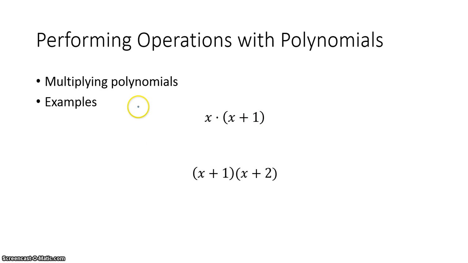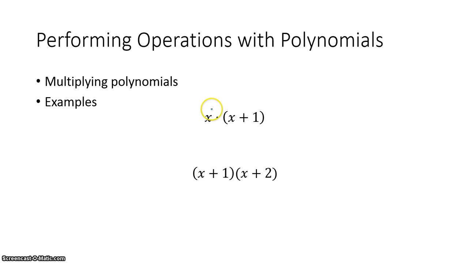Next up, we're going to be talking about multiplying polynomials. We have two examples. We have x times x plus 1, and we have x plus 1 quantity times the quantity x plus 2. Now, remember in the last example when we were dealing with that negative outside the parentheses and we distributed that into the parentheses?